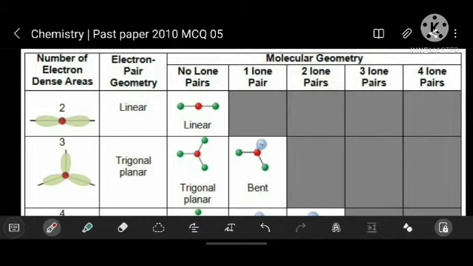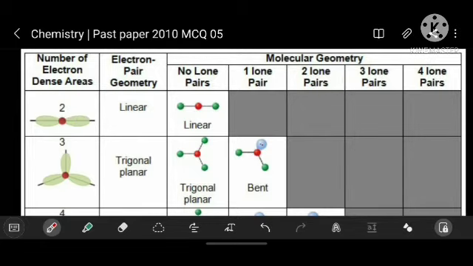If we know the number of repulsive units, with that we can identify the electron pair geometry. If we know the types of the repulsive units, which I told you are the bonding electrons and the lone pairs, then we can determine the molecular geometry.